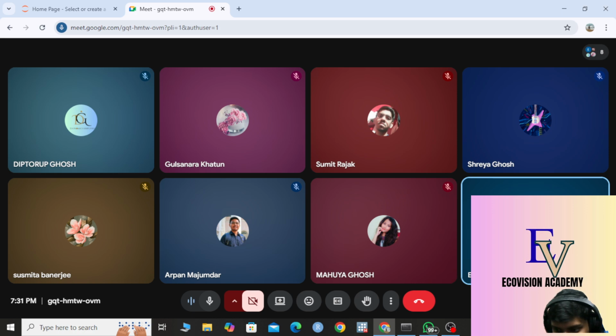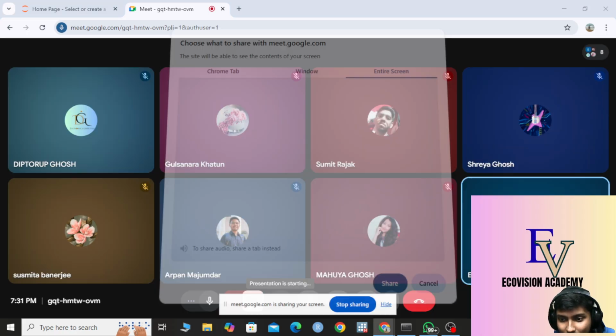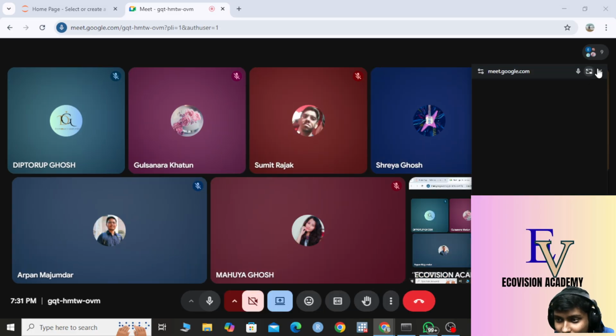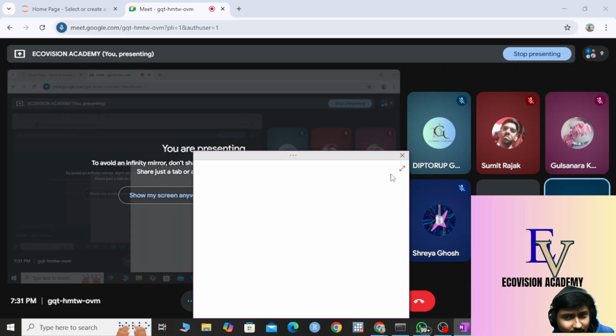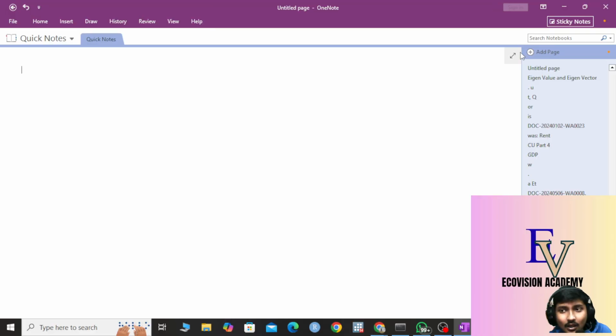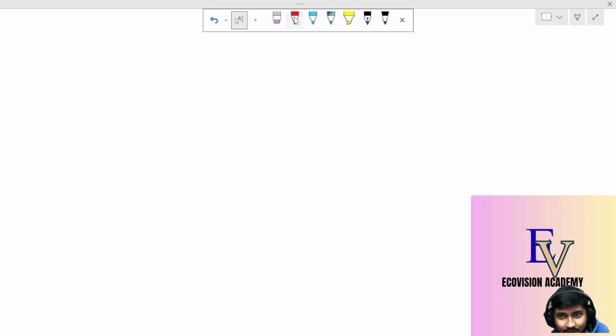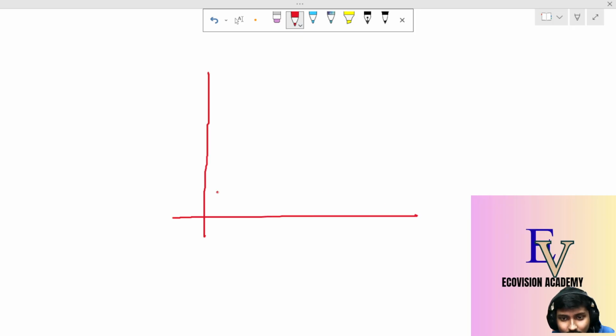Just let me show you something. Suppose you give me some normal answers. All of you are aware of scatter plots. Suppose in this case the scatter plot looks like this.